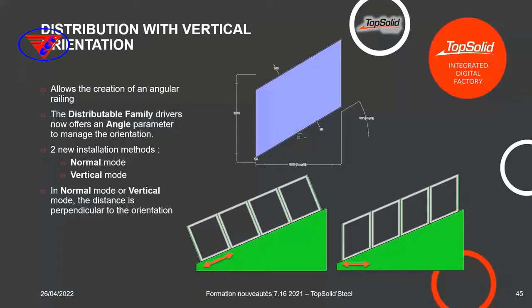And if you've ever used the distribution duplication method in our assemblies, it was missing something very important, which was a vertical mode. So again, we're making a railing going up an inclined plane like that, and the railing pieces are coming up perpendicular this way, which is not what you want. You want them to be relative to this axis. So now the improvement is you can do that.